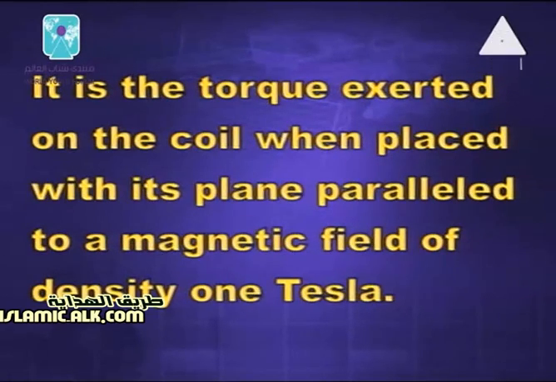Let me say it again. It is the torque exerted on the coil, okay, when placed, so the coil should be placed with its plane parallel to the field, placed in the horizontal position. The torque exerted by, yes, magnetic field of density 1 Tesla.